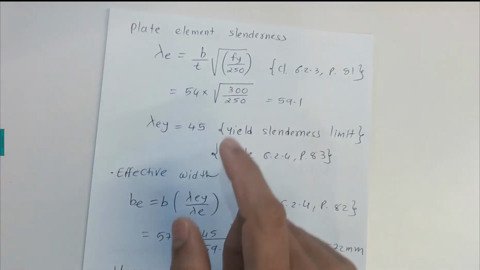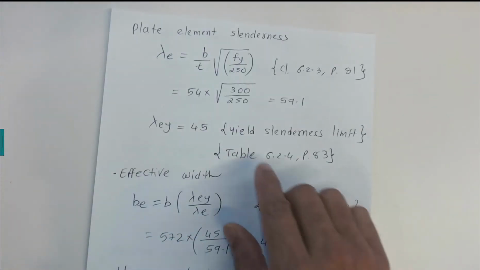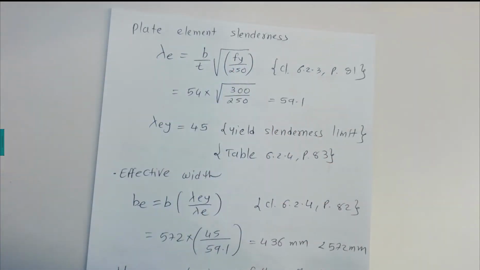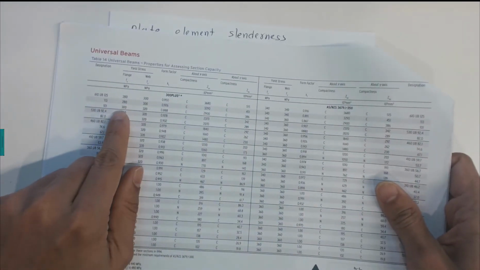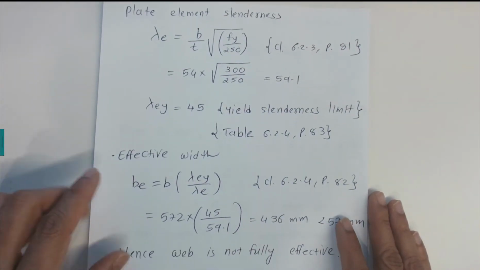Substitute the value 54, B on T ratio for the web. Yield strength, we are taking from the OneSteel tables. We have 300 and 320. We are taking the minimum value, which gives us 59.1.